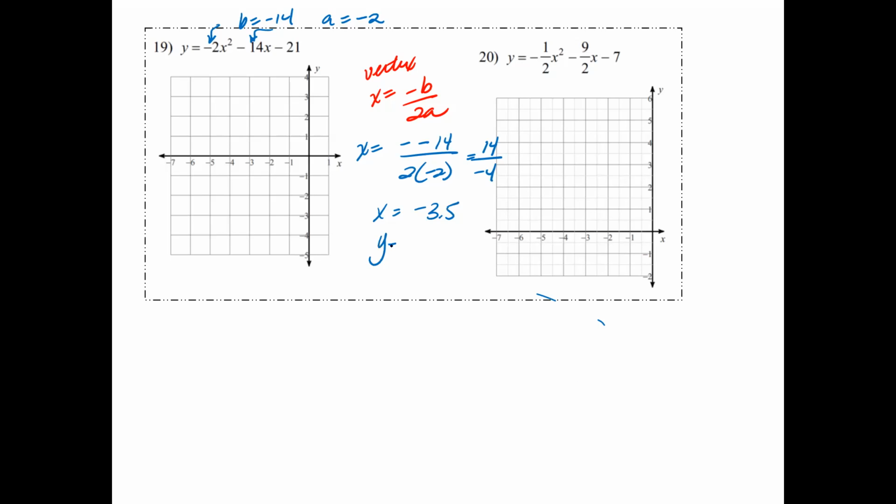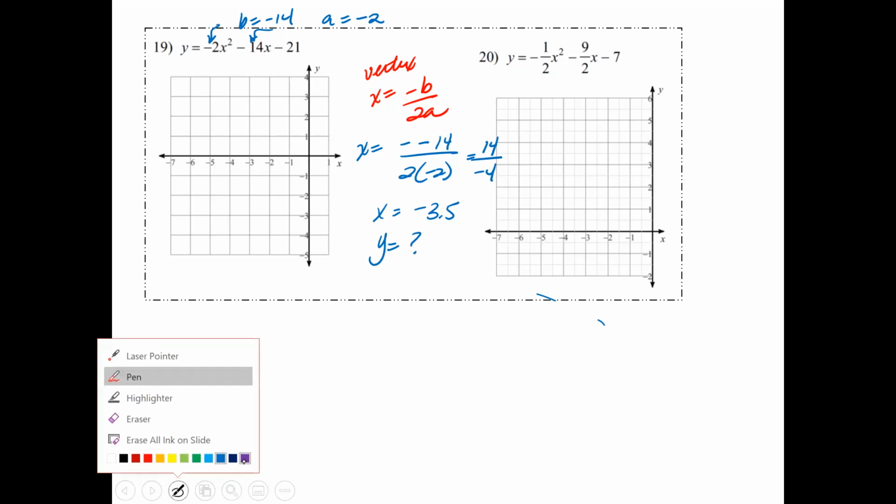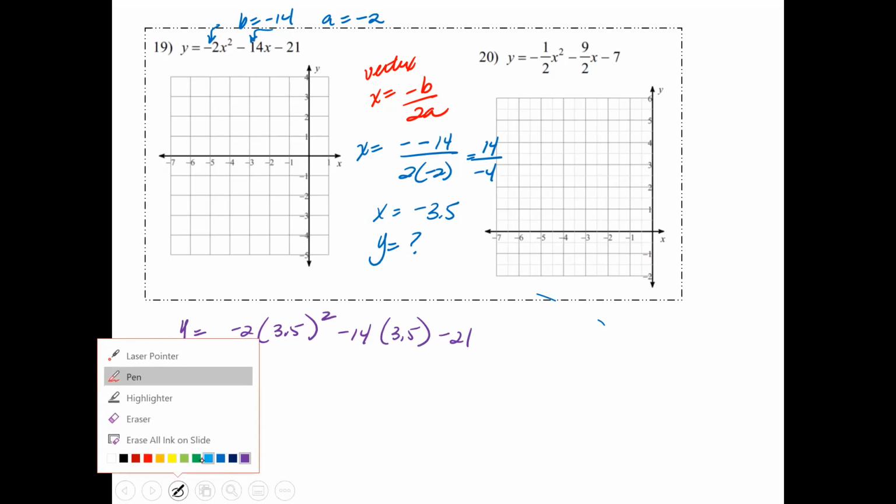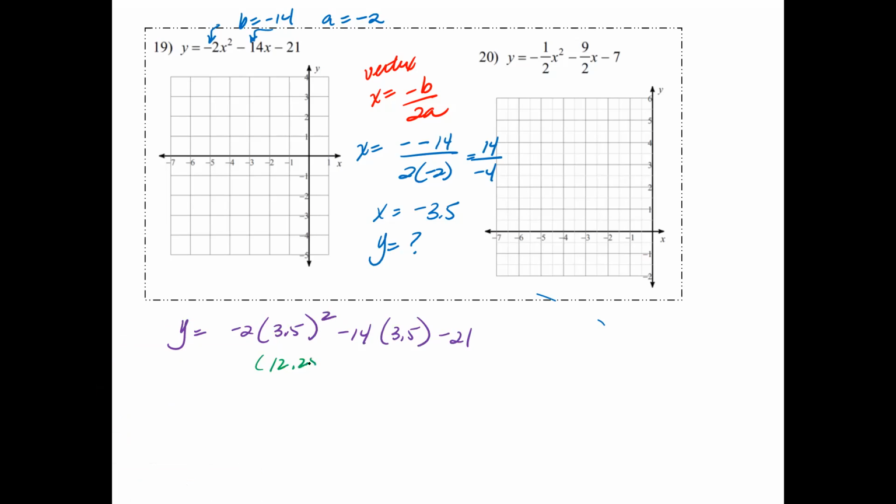But you know what the x is, but what is my y going to be? So with your y, you're going to go ahead and plug that into the equation. Y equals negative 2 times 3.5 squared minus 14 times 3.5 minus 21. So 3.5 times 3.5 is going to give you a 12.25 times the negative 2 is going to give you a negative 24.5. 14 times 3.5 is a minus 49 minus 21.